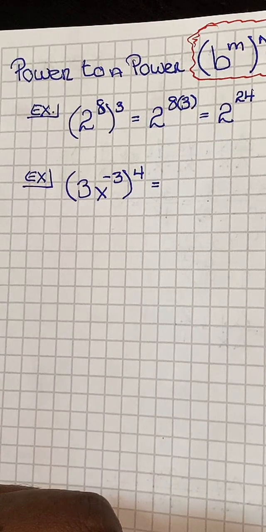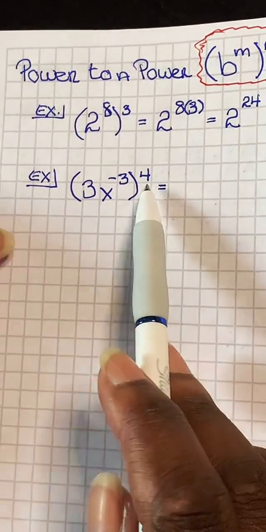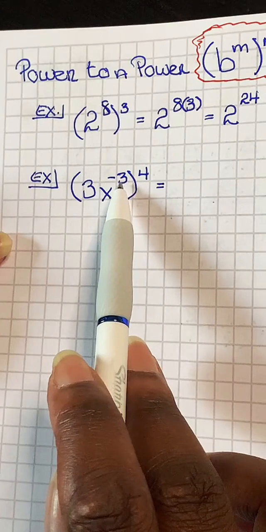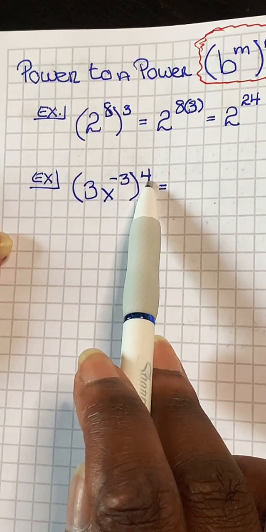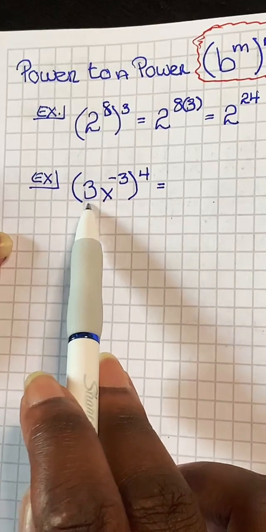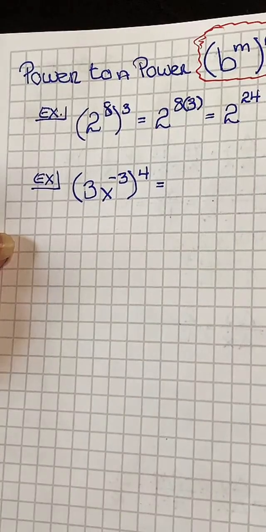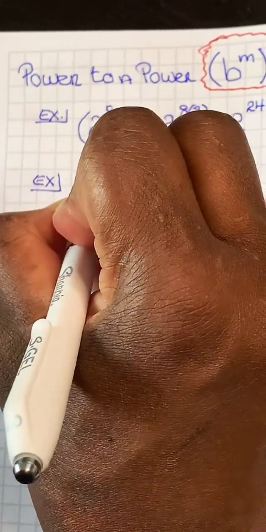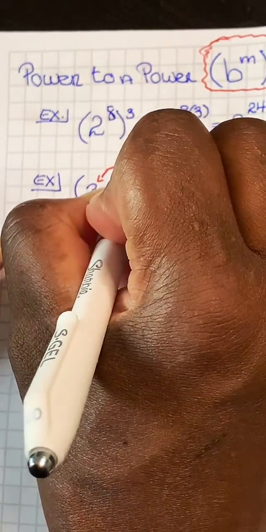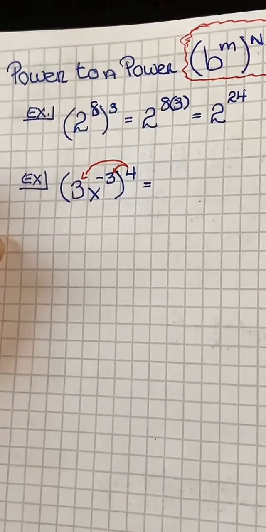All right. So, in this case, not only are you going to multiply the -3 and the 4, but we're also going to raise the whole number, that 3, to the 4th power. So it's almost like you are distributing this exponent to everything inside of that parenthesis.